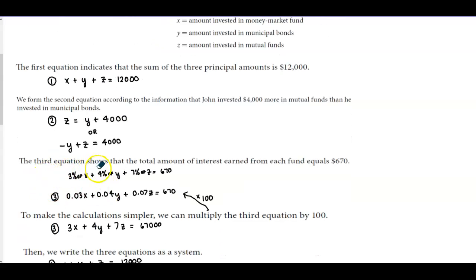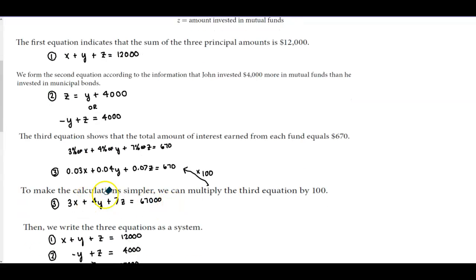Now, the third equation shows that the total amount of interest earned from each fund equals $670. We have 3% of x, which is 0.03x, plus 4% of y, which is 0.04y, plus 7% of z, which is 0.07z, which is equal to 670.